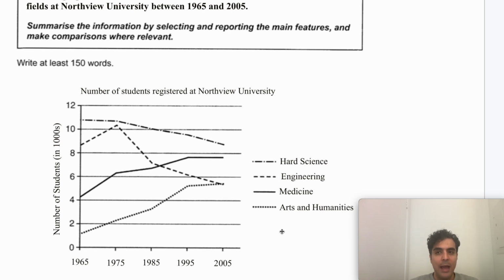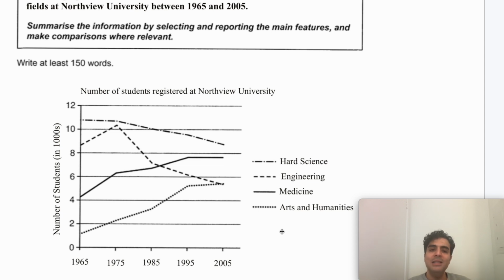How am I going to do that? I'll show you. I could write one sentence for hard science where I say the number of students enrolled in the hard sciences decreased from over 10 to above 8,000 students, right? That's one sentence and it describes everything.